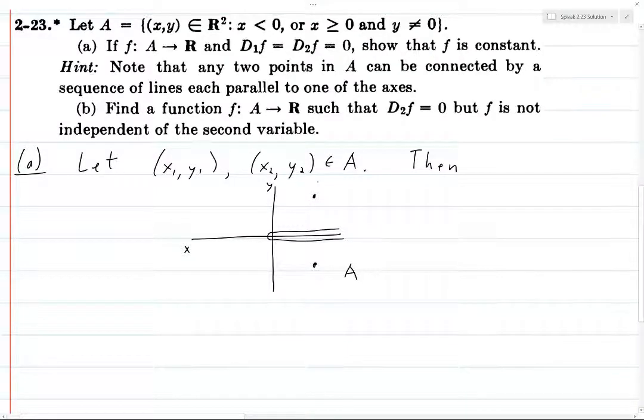So the idea here is that we choose some number less than 0. It doesn't matter which one. I'll go with -1.